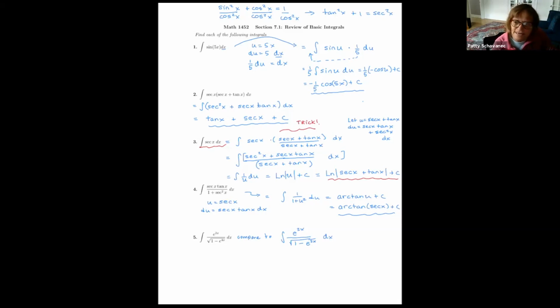I know that when I take the derivative of an e to the 2x, in that derivative, I'm going to have an e to the 2x times a 2, but I'll have an e to the 2x. So that second integral that I wrote, the entire quantity under the square root sign would be the u.